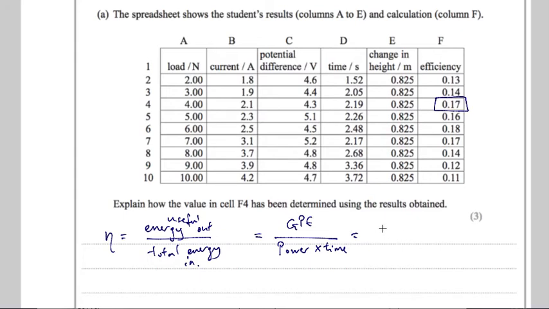Let's see if that is going to give us a value of 0.17. Now the gravitational potential energy is mgh. In fact, we don't even need to find mg because the load is in newtons. It is the work done against gravity, so it's the weight multiplied by the height. So it's going to be 4 newtons times a distance of 0.825 meters.